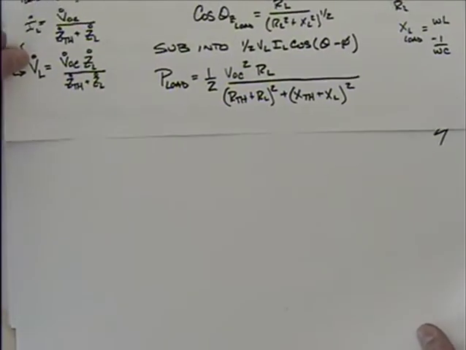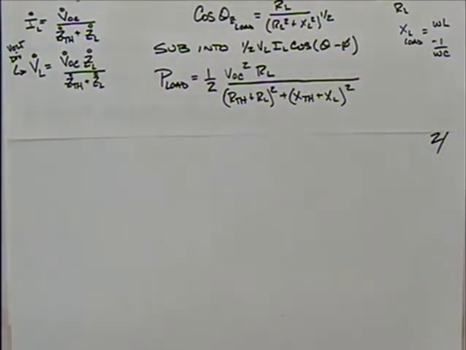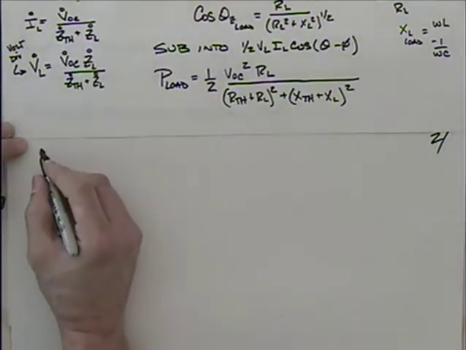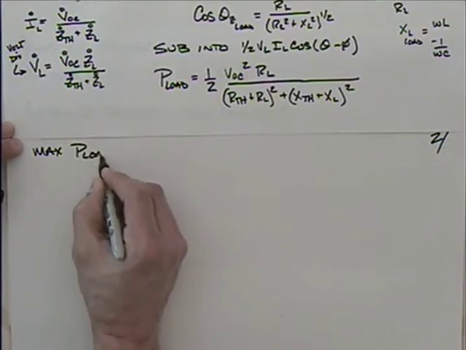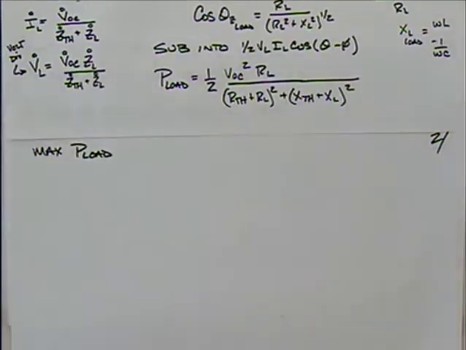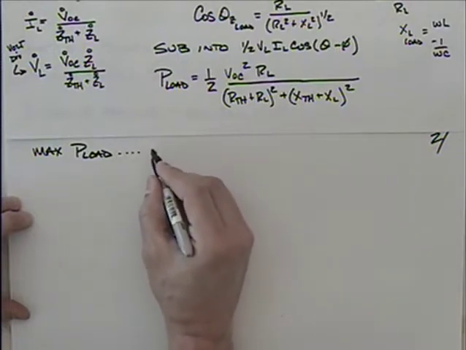So if I build on this here, we want to maximize P load. So by doing that, I can minimize the denominator.